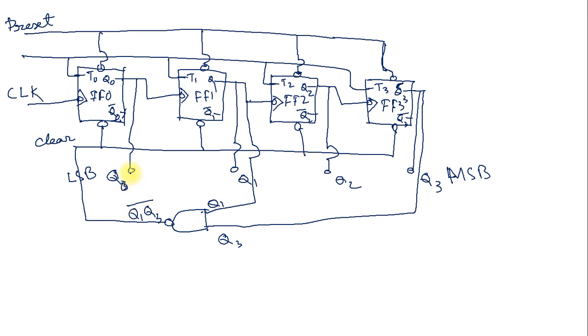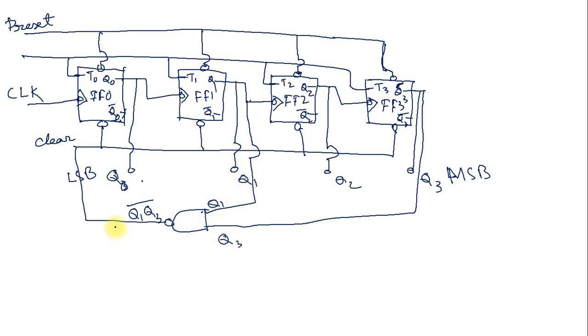Now we can verify this circuit with the truth table. If I give 0 0 0 0, all are zeros, at that time both Q1 and Q3 are 0.